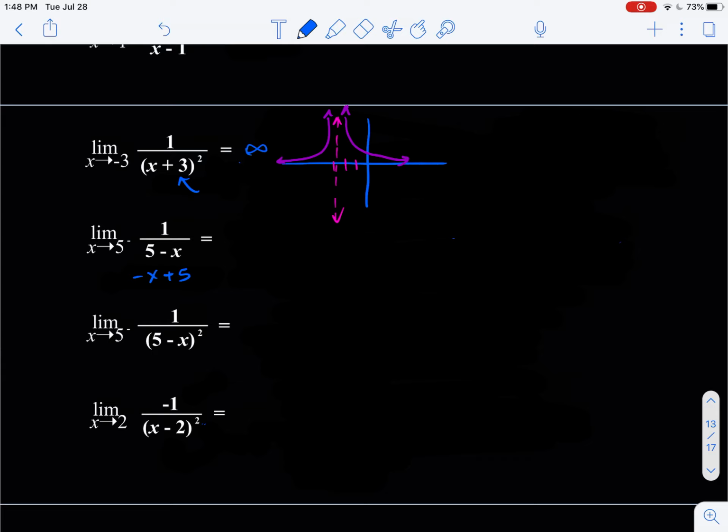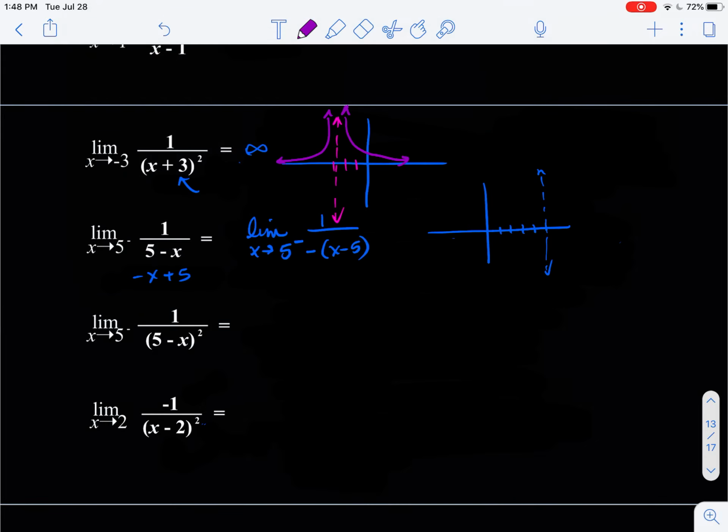or does not exist. Okay, in this next problem, I'm going to go ahead and rearrange the denominator. So I have negative x plus 5, and then I'm going to factor out a negative. And so really what I'm looking at is the limit as x approaches 5 from the left of 1 over negative x minus 5. And so what this graph looks like is I've got a horizontal shift to the right 5. I have a vertical asymptote at 5.